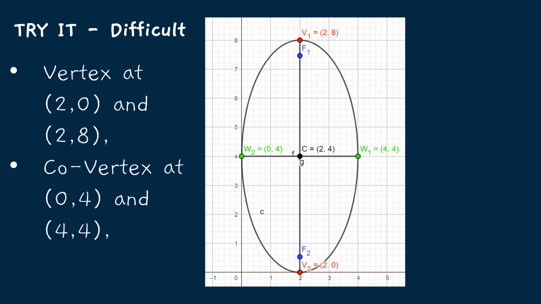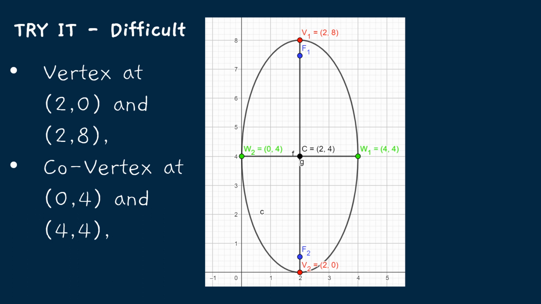As we can see on this graph, the vertices are on the upper part and lower part, and it is basically in our first quadrant. By graphing, we can already see the orientation of our ellipse, and it is a vertical ellipse.